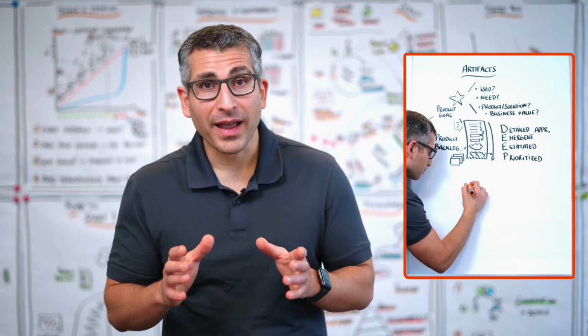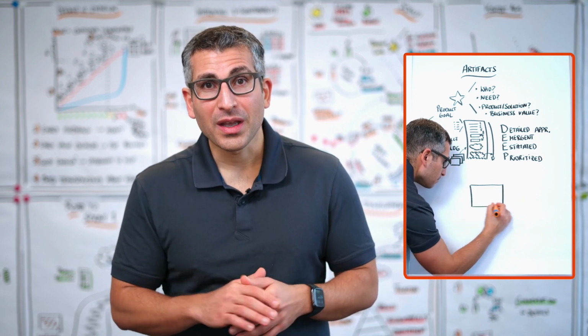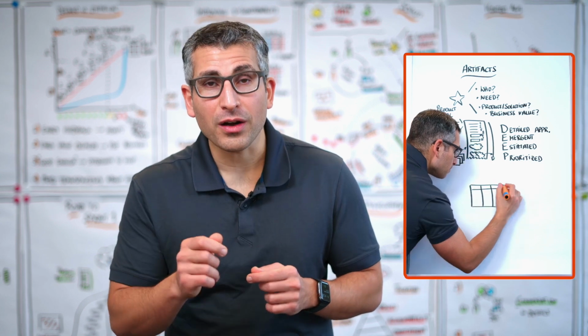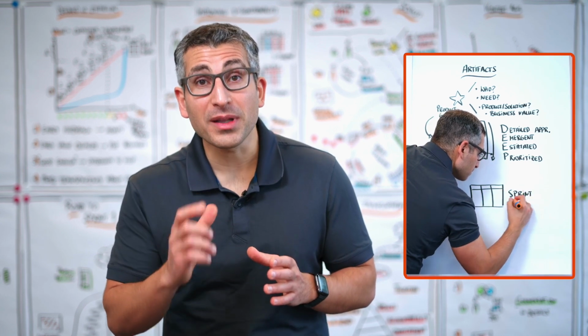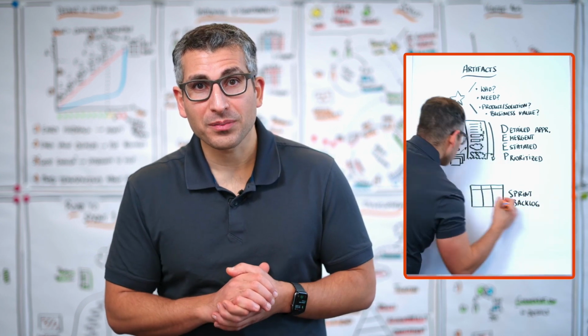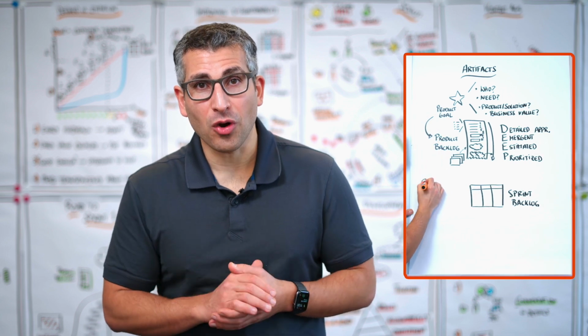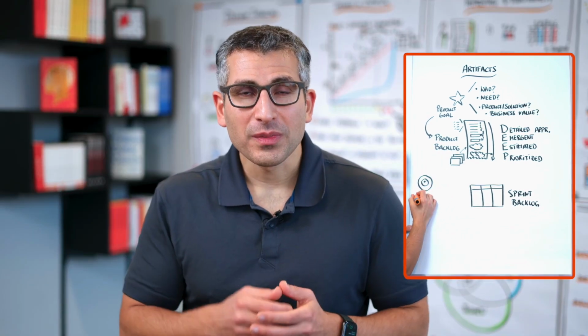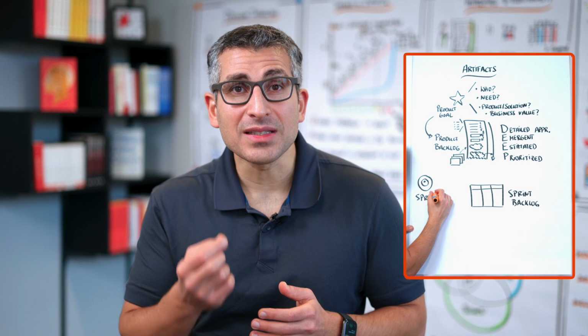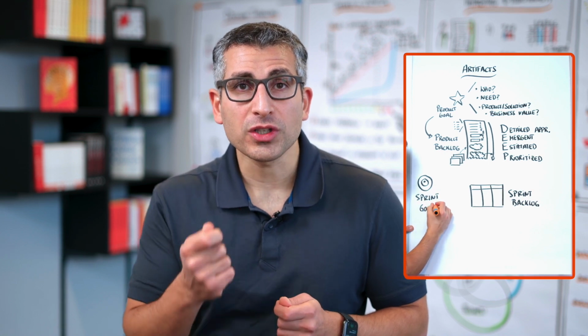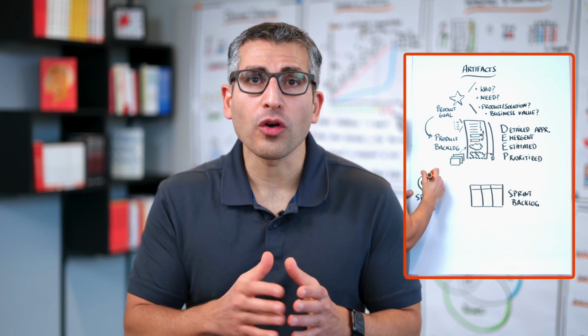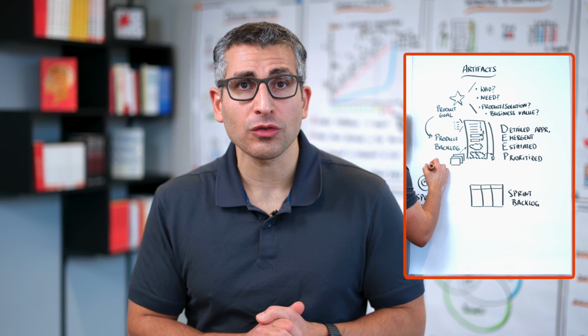The next artifact is the sprint backlog. But again, before we go there, we will first take a look at the commitment towards that artifact. And that is the sprint goal. Every sprint goal basically describes a desired outcome we want to achieve based on the sprint or the next few sprints that we're going to run.